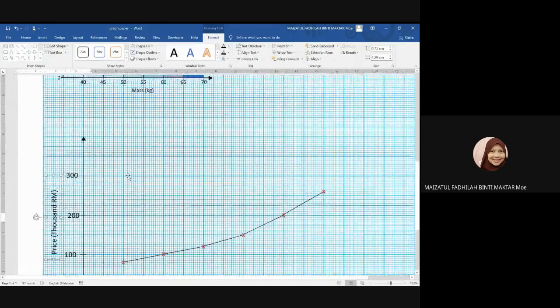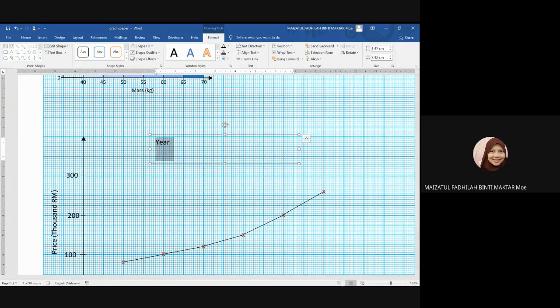And for this one, you also must have a title. Okay, please write down the title of this one. The title is Price of a 3-room terrace house in a town.